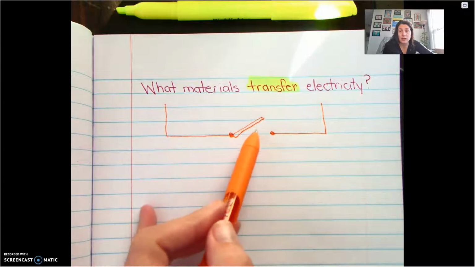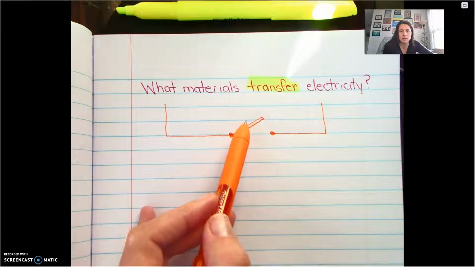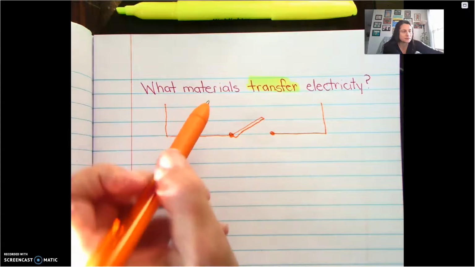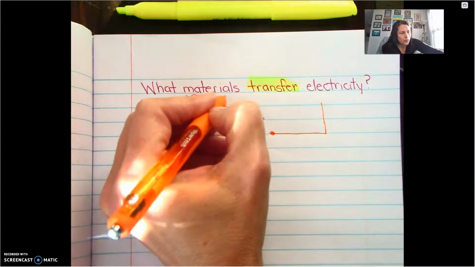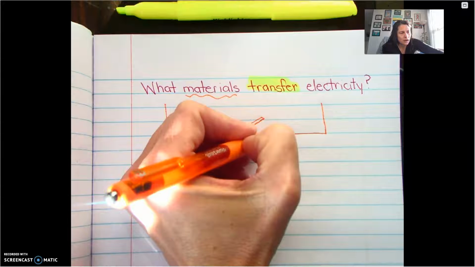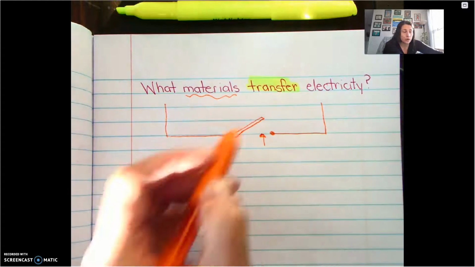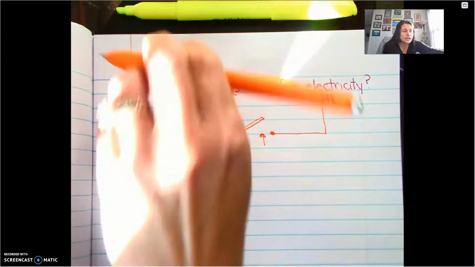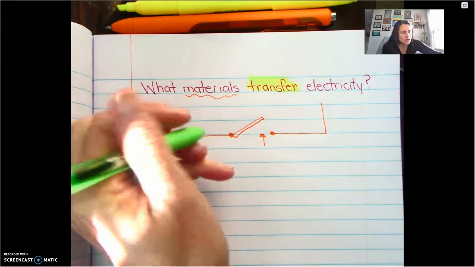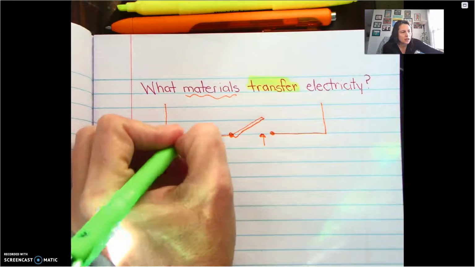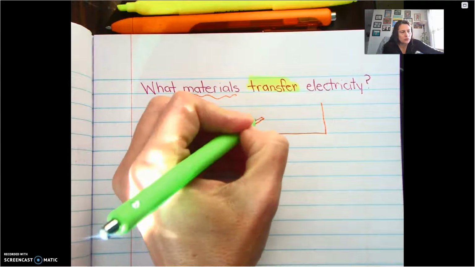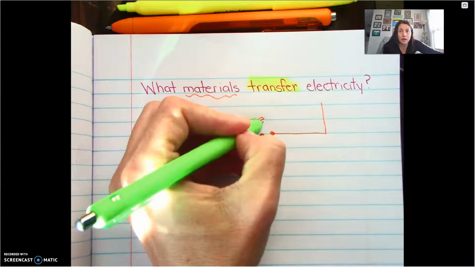We're just going to put this part right here because this is the part that is important. And what we're going to do is we're going to put materials right here, and then we're going to make those so it's going to fit right in here. And we're going to see if that electricity, the current, goes through whatever we put here.